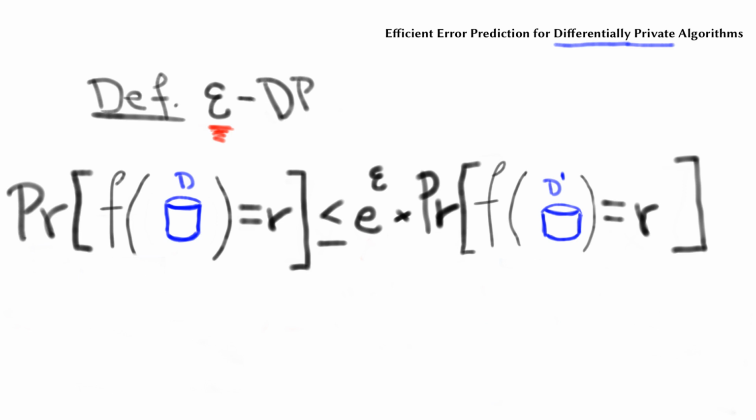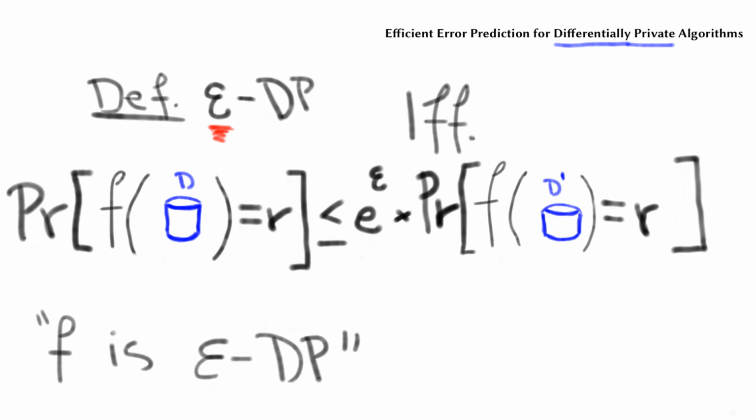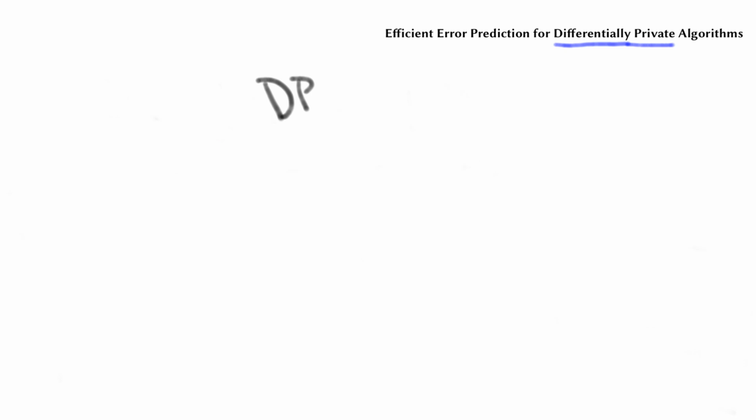Now, if this formal relationship holds, we will be able to say that an algorithm, f in this case, is epsilon differentially private.